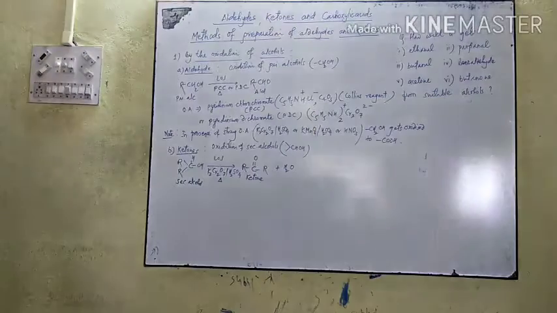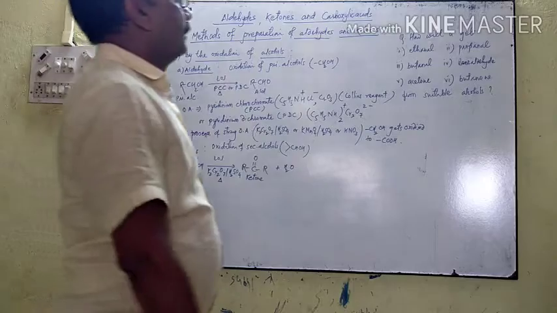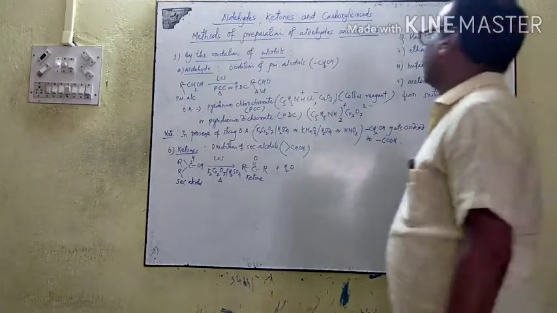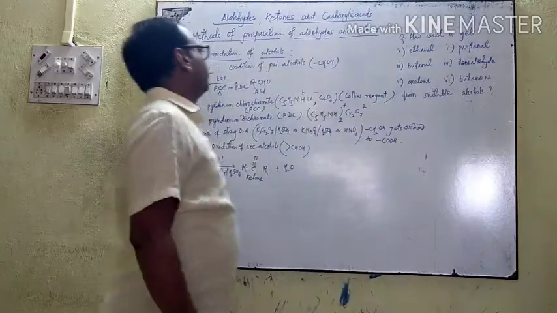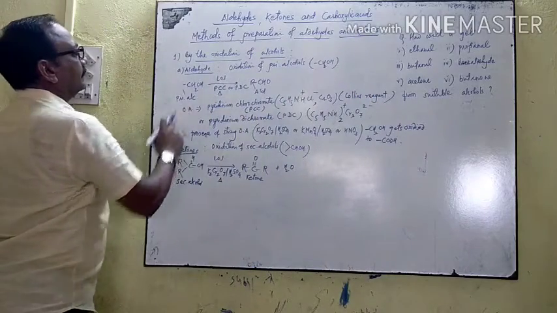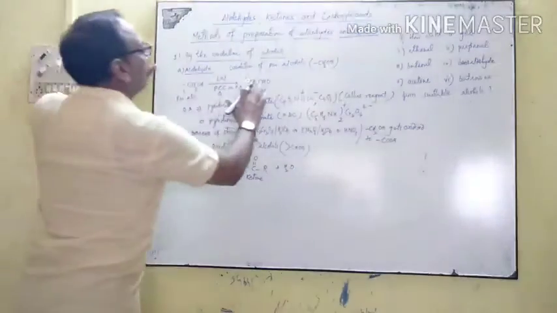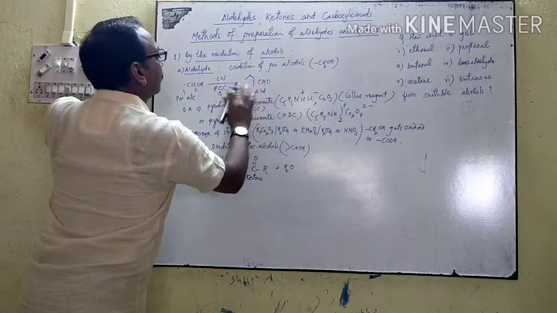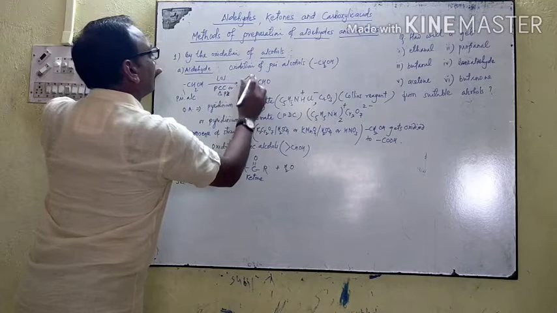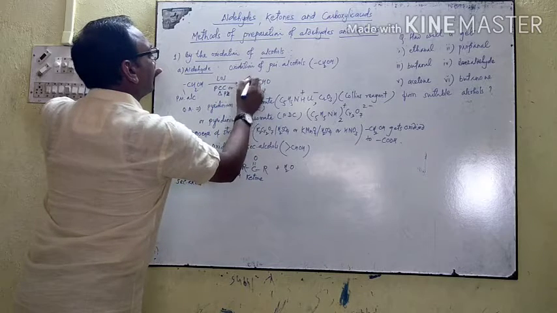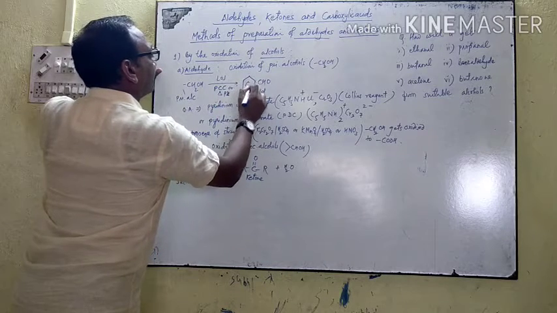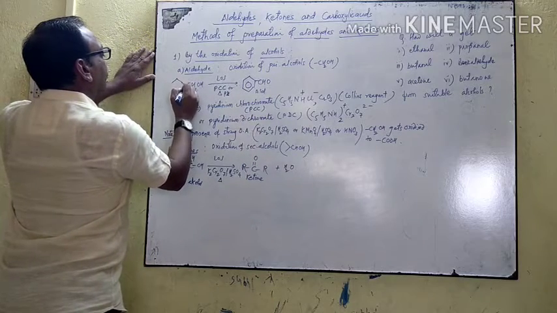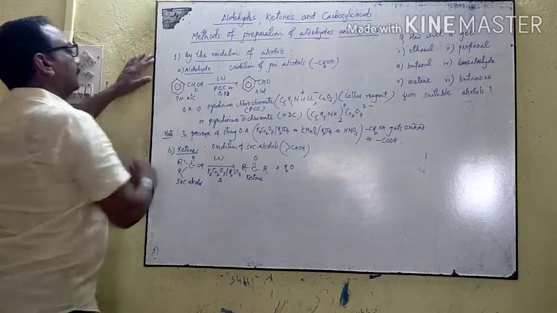If we wish to get benzaldehyde, for instance, benzaldehyde means instead of R, you just introduce here a benzene ring. So here there is a presence of a benzene ring.